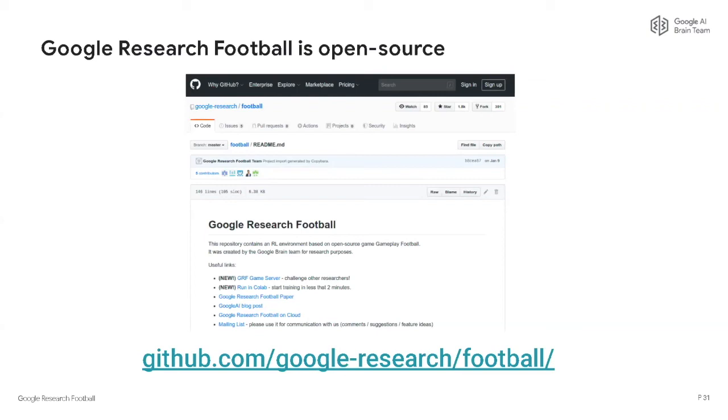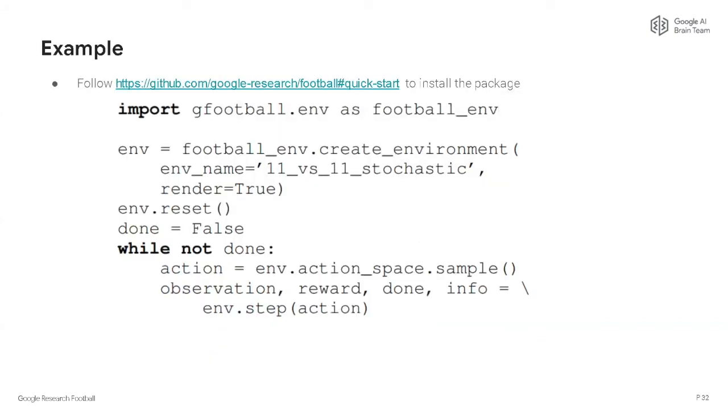But also, it might not be the right way of doing end-to-end training of your agent, which takes a substantial amount of time for more complex scenarios. And here we have a simple example of using the environment.